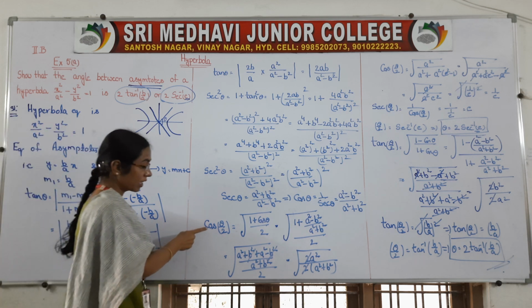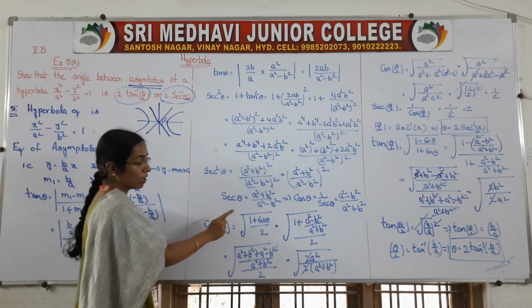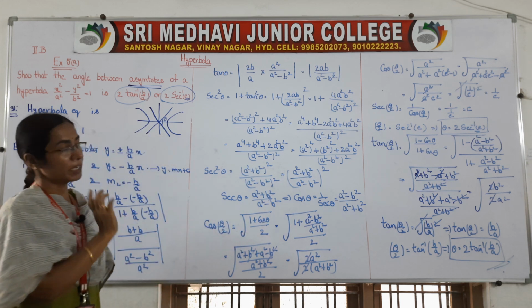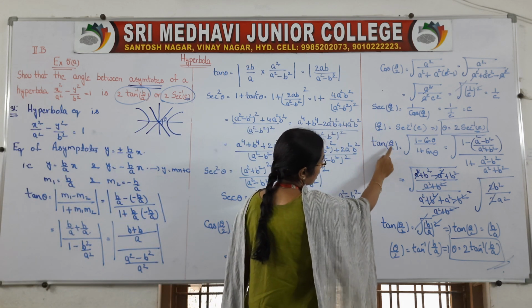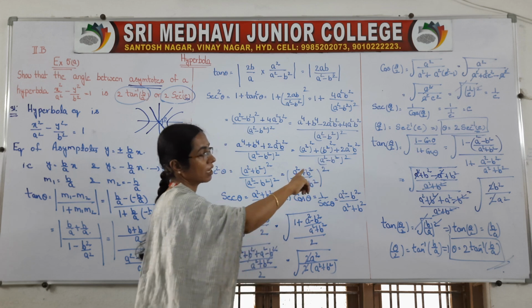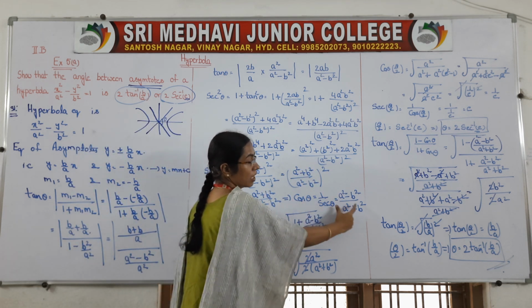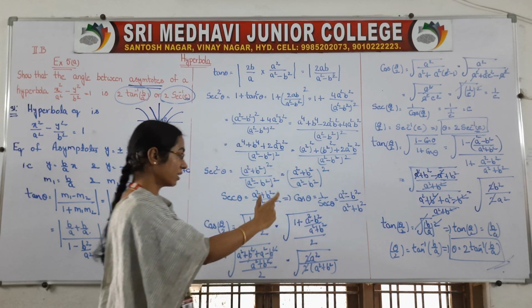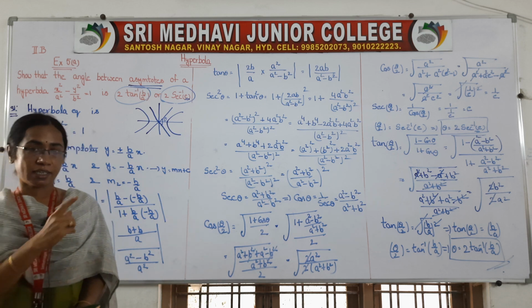Next, again from trigonometry, we took cos theta by 2 is equal to this standard formula, root of 1 plus cos theta by 2. Then again from trigonometry, tan theta by 2 is equal to root of 1 minus cos theta by 1 plus cos theta. Actually, first we derived the cos theta value. By taking that cos theta, we got the first angle, and after that the other angle.